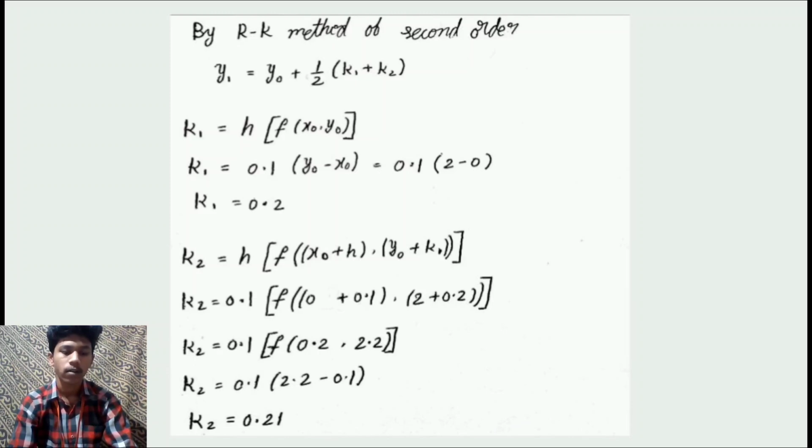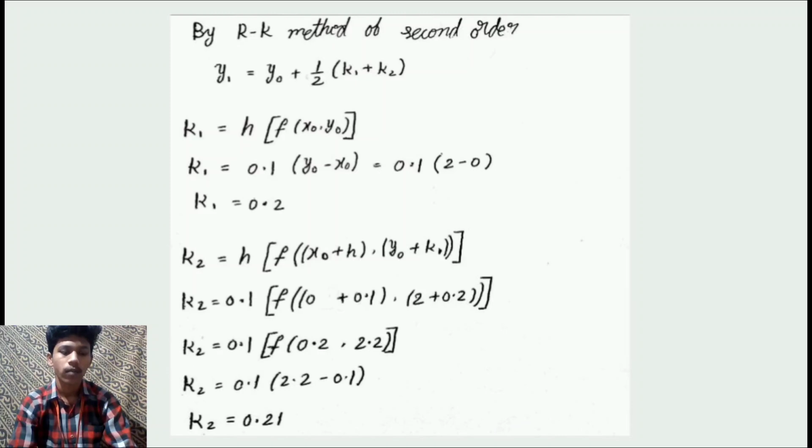By the Runge-Kutta method of second order, y1 is equal to y naught plus half of k1 plus k2, and k1 is equal to h into f of x naught comma y naught. Here h is equal to 0.1, and from the given differential equation we can write f of x naught comma y naught is equal to y naught minus x naught. So here it becomes 0.1 into 2 minus 0.